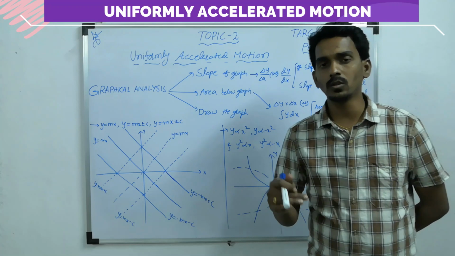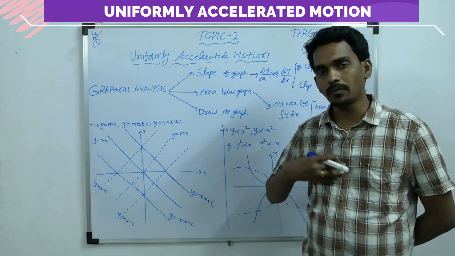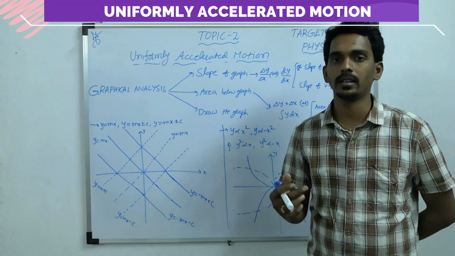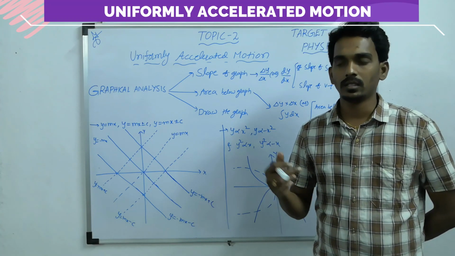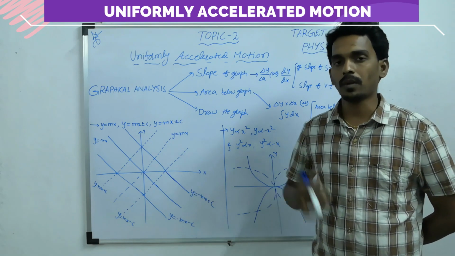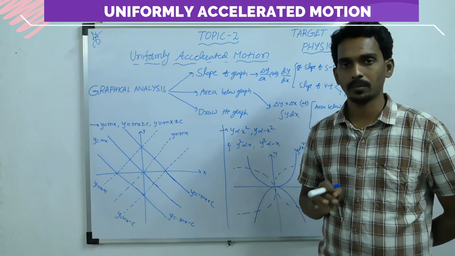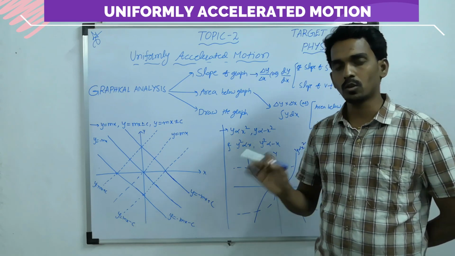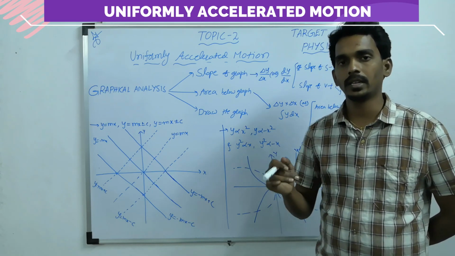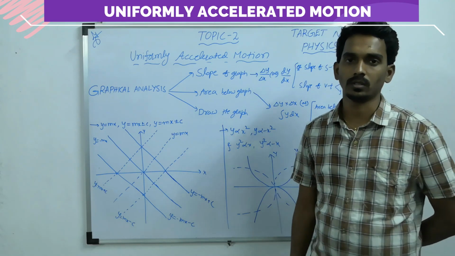They will not ask you to find the slope, but they will give you a question, then you have to think and decide whether the quantity they are asking can be found by finding the slope of the graph or not. Means if you find the slope of the given graph, can we get the answer or not, that you have to understand on your own.